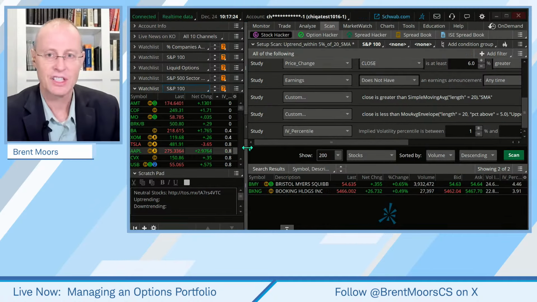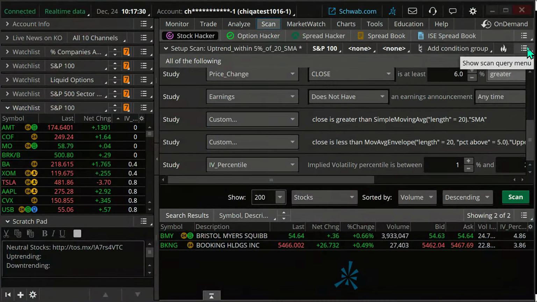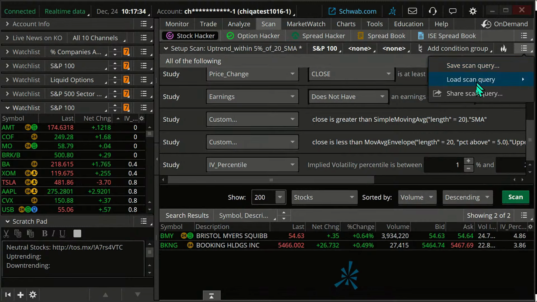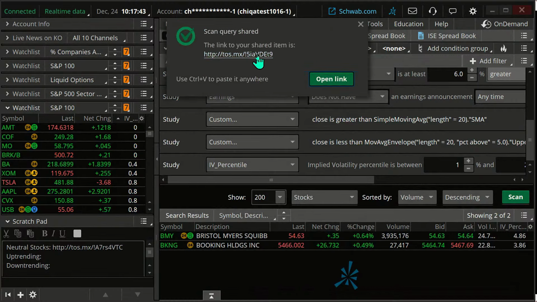So if that's a scan that you want to use, that you want to save, you can do so. I'm going to share that scan with you. We'll call that uptrending, share. I'll put it right here again.